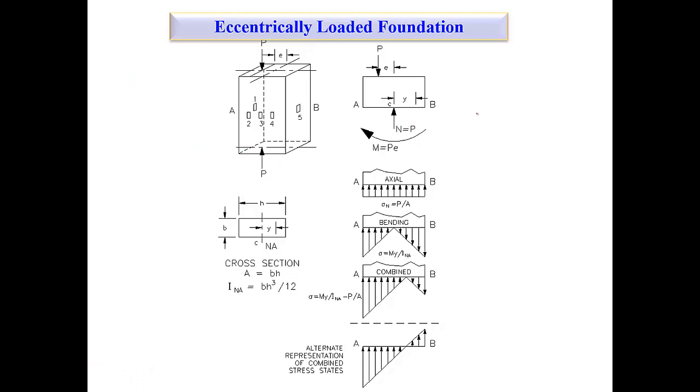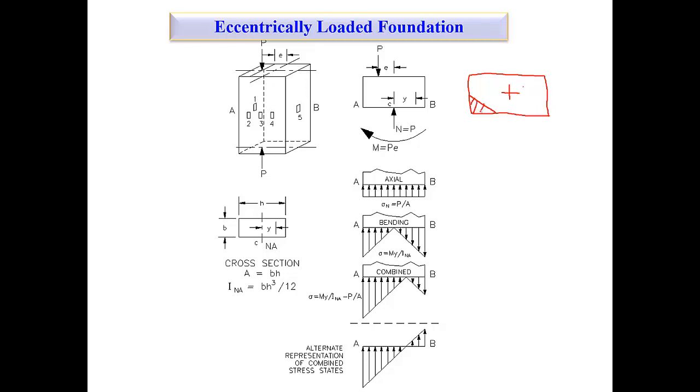Let me give you one example, which I already discussed in the last class. Suppose you design a footing and this is a compression member. Due to the eccentricity, some portion of the footing develops tension.